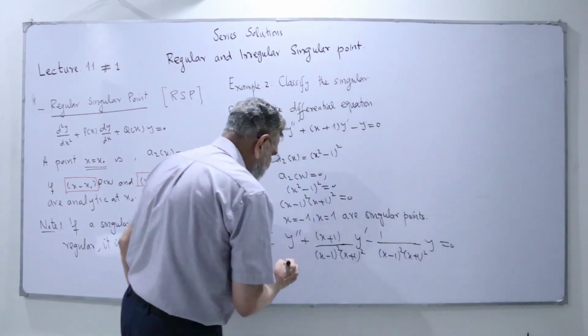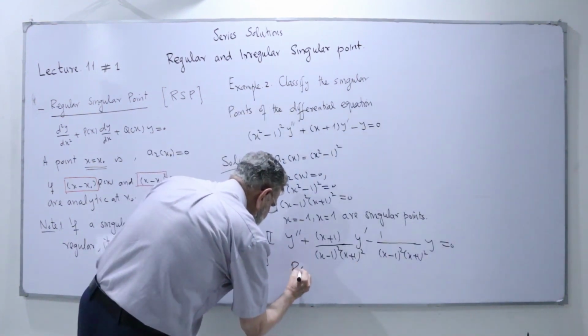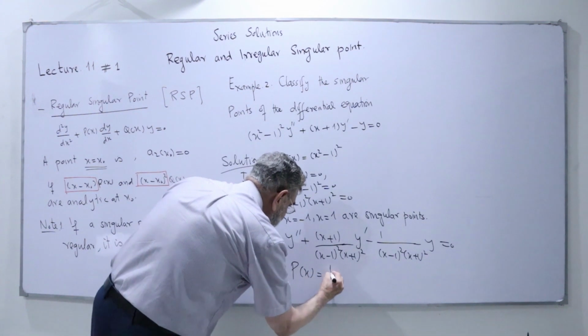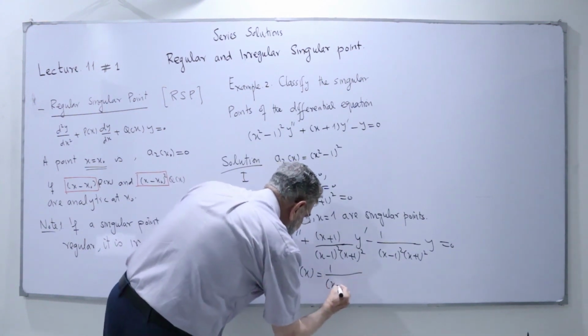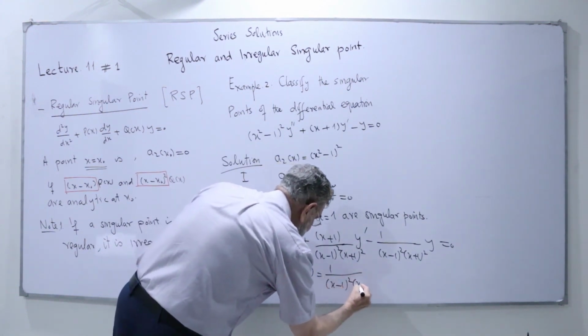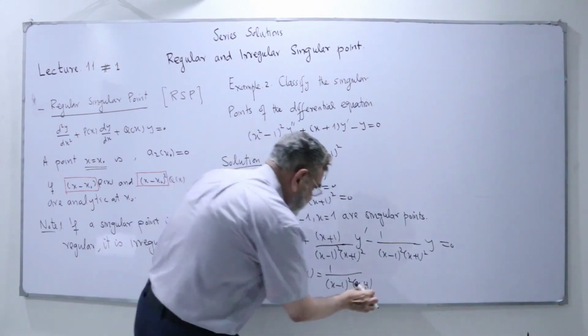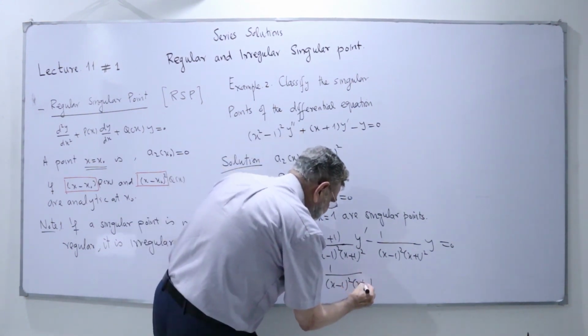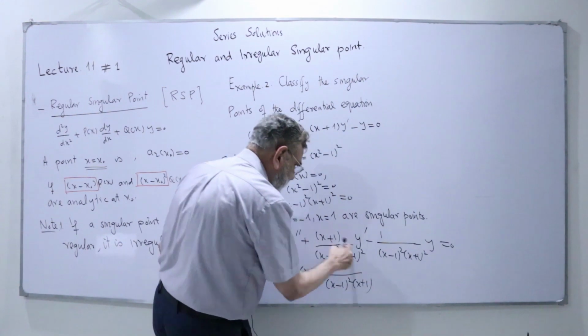So that gives me p of x. My p of x is equal to 1 over (x − 1)² (x + 1), where one x + 1 is cancelled with the square.